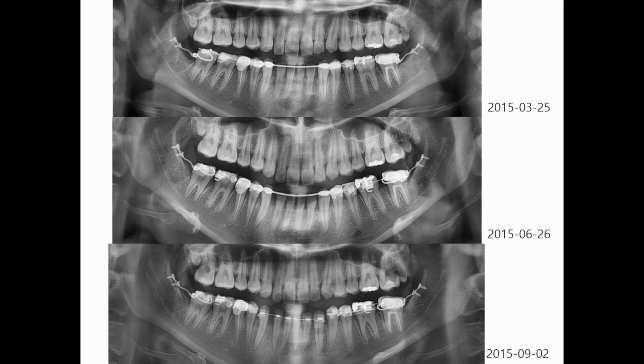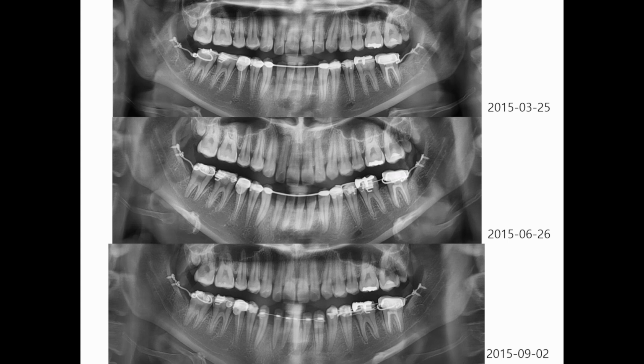The reason why we involve corticotomy or ASO is there is no movement in the adult. When we extract first premolar, okay, let's say class 2 division 1, we plan to extract upper first premolar and try to retract upper anteriors.